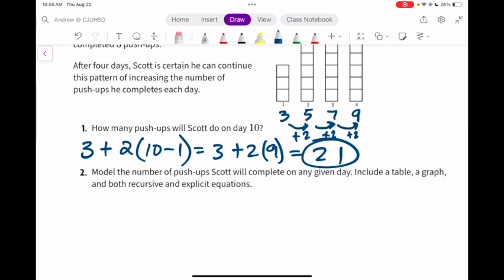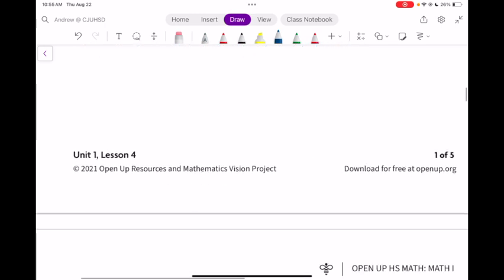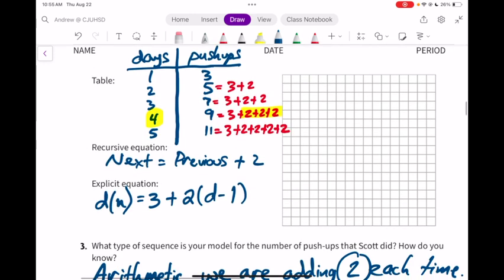Number 2, let's finish that up. We have a table. Let's look at the graph. Remember, we can use any part of this graph we want to; we're in charge here. I'm just going to go from here, and I just want to get a peek at what's going on.